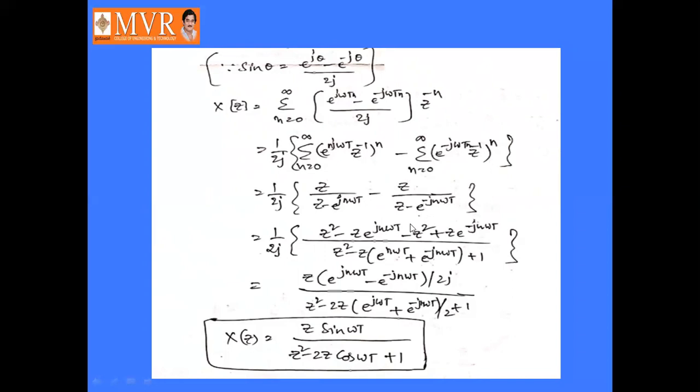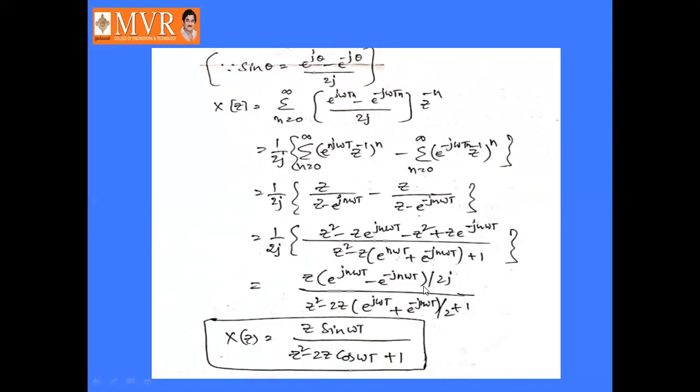By taking LCM and multiplication, it will become 1 by 2j into z square minus z into e power j n omega t minus z square plus z into e power minus j n omega t by z square minus z into e power j n omega t plus e power minus j n omega t plus 1.